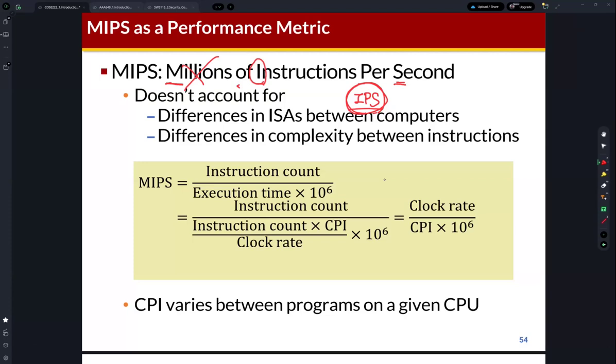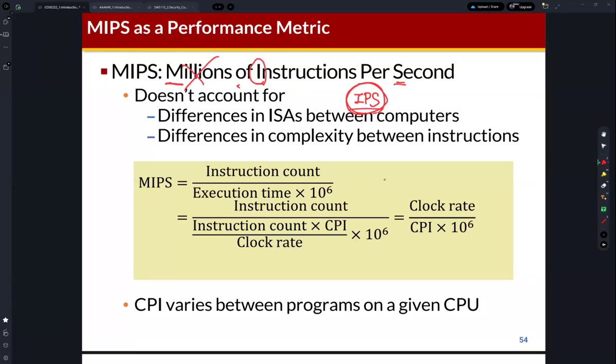Intuitively, if a computer system executes more instructions, then we can say that this computer system exhibits higher performance.